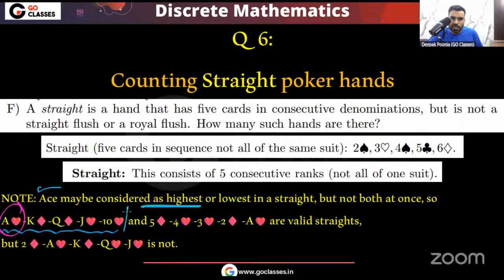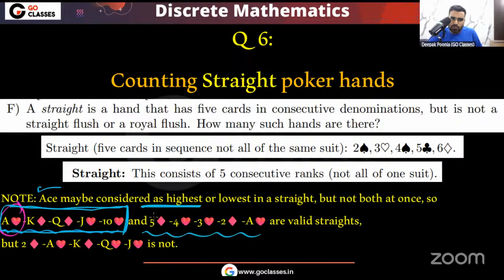Look at this 5 card hand. Not all cards have the same suit. We have diamond also, we have heart also, and we have consecutive 5 values: 10, jack, queen, king, ace. Here ace is considered as the highest rank. Look at this example.